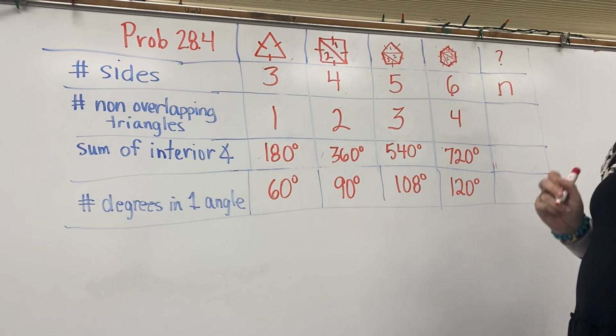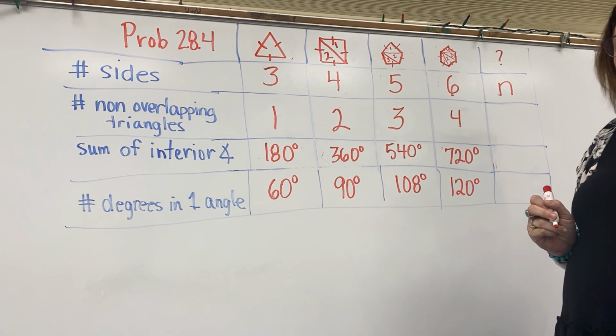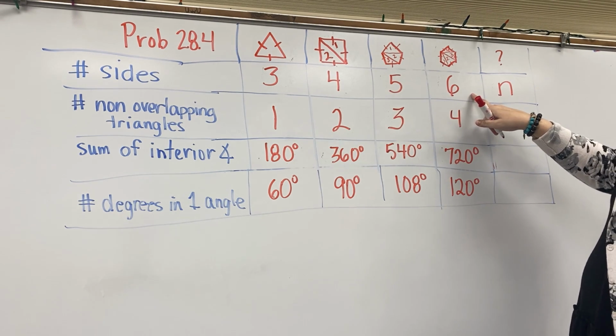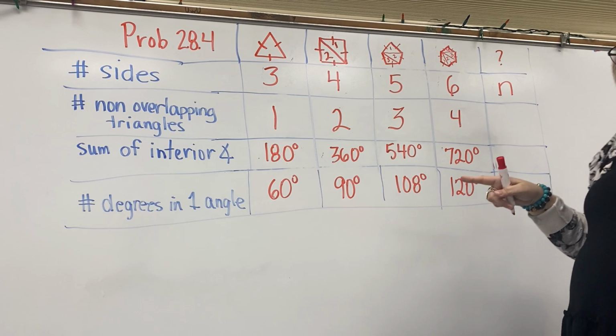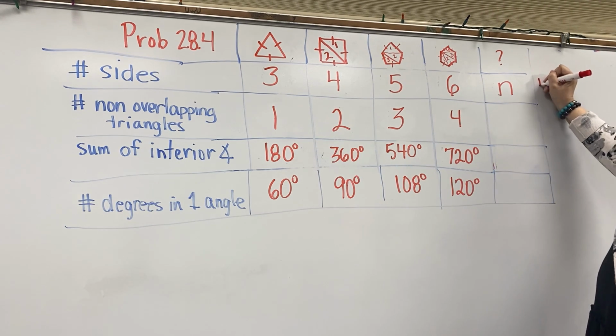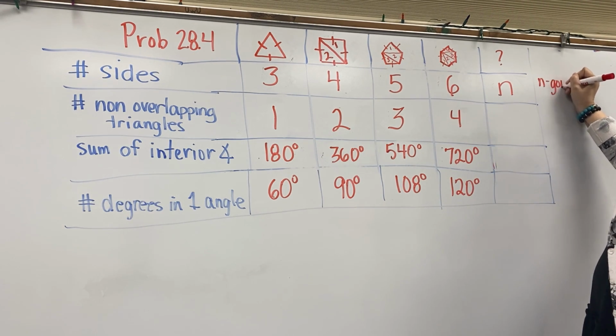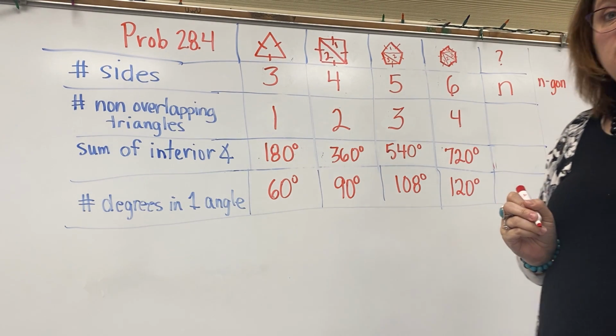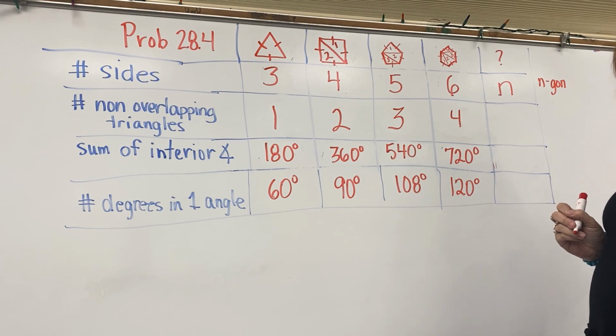I can't draw that. But can I put together a formula? What if I have an n-gon? An n-gon just means I don't know how many sides it has. Let's just say we don't know.